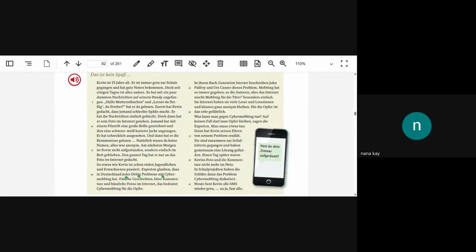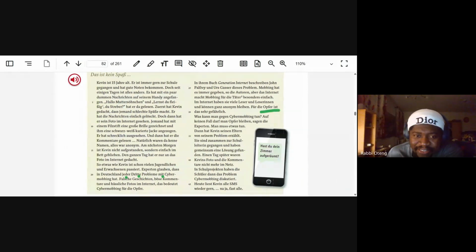Mobbing hat es immer gegeben, so die Autoren. Aber das Internet macht Mobbing für die Täter besonders einfach. Im Internet haben sie viele Leser und Leserinnen und können ganz anonym bleiben. Für die Opfer ist das sehr gefährlich.